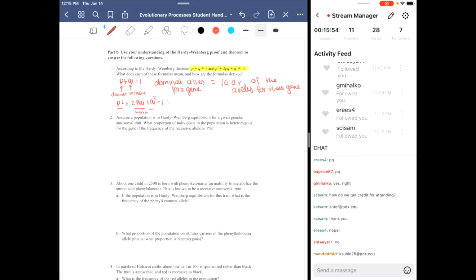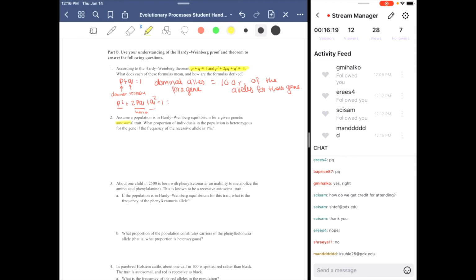Any questions on the two equations that we just went over? Any confusions? Okay, let's go to the second question. So this says, assume a population is in Hardy-Weinberg equilibrium for a given genetic autosomal trait.